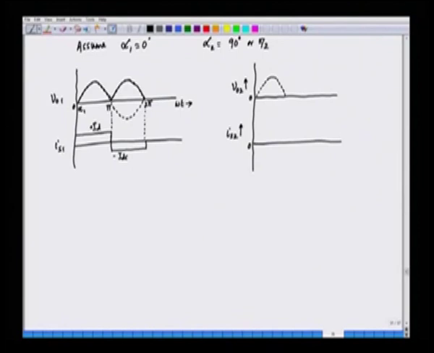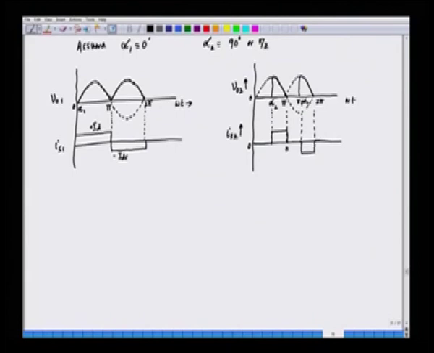So, we have the voltage here, a rectified one, and alpha 2 is pi by 2. So, we will have the voltage which looks like this. Omega t, this is pi, this is 2 pi, alpha 2, 2 pi plus alpha 2, and the current here, as we have seen before, will be a quasi rectangular current with a positive side, then a 0, and then a negative side.